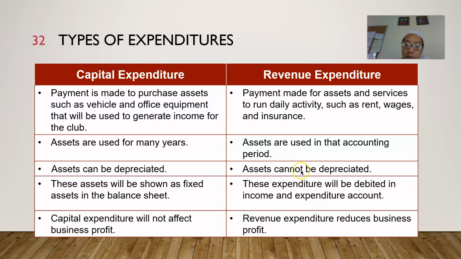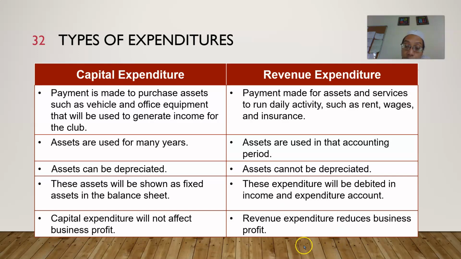These types of assets cannot be depreciated. However, they are written off in the same year usually, unless there are some balances remaining. This expenditure will be debited in the income and expenditure account. So these revenue expenditures at the end will be sent out to the income and expenses statement.